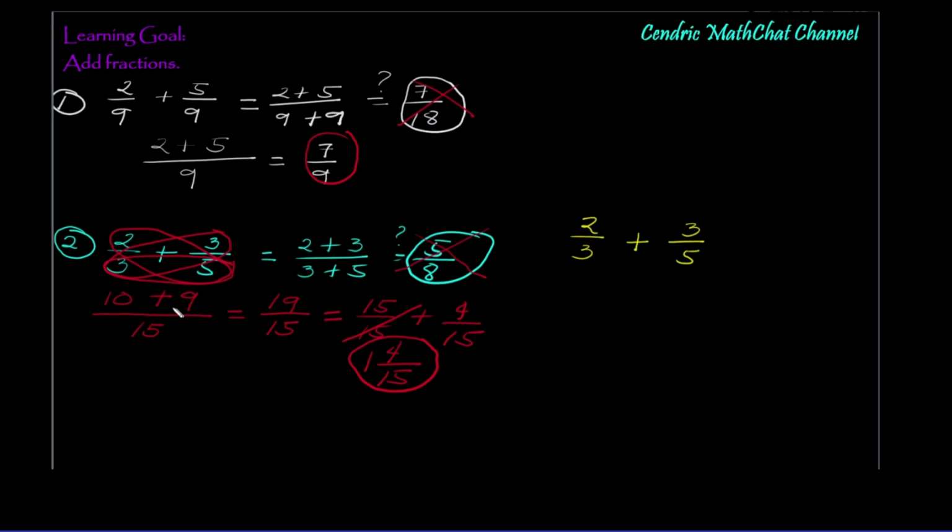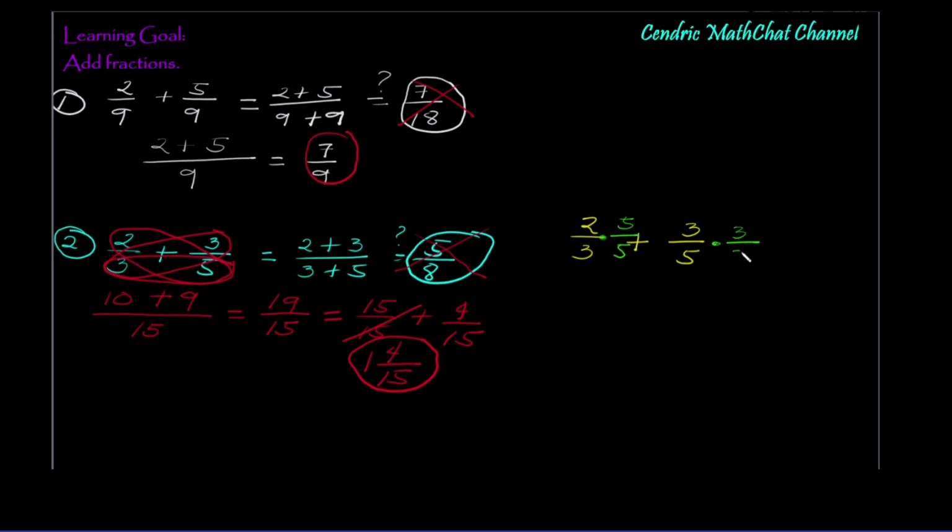So, if we take a look at what we've done here, we can just go ahead and multiply 2/3 by 1, but again, it's in the form 5/5 fifths, and multiply 3/5 by 3/3, which is the same thing as 1.